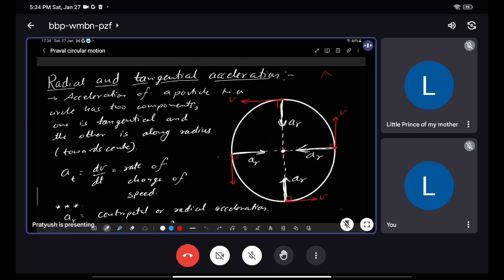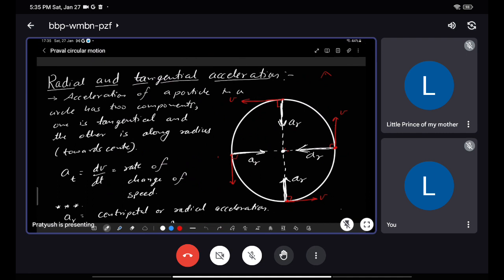If the speed of revolution is changing in the circle, then we will have tangential acceleration.